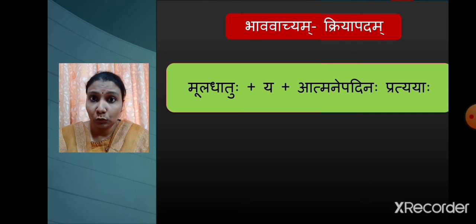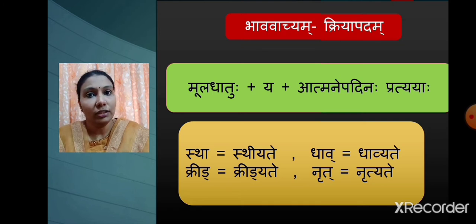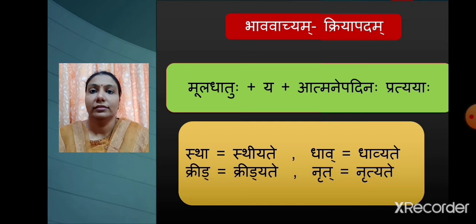Take the Moola Dhatuhu, add Ya to it, and then add Atmanepadi endings to it. For example, Stha, the Bhavavachya form is Sthiyate, Krid, the Bhavavachya form is Kridyate, Dhav, the form is Dhavyate, and Nrut, the form is Nrutyate.